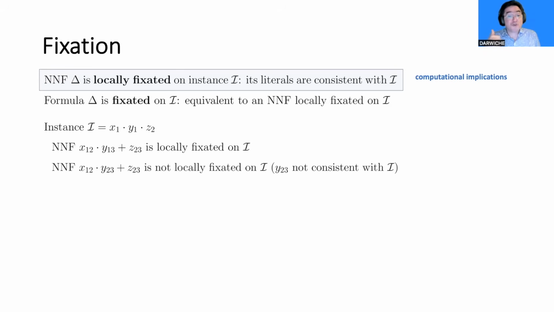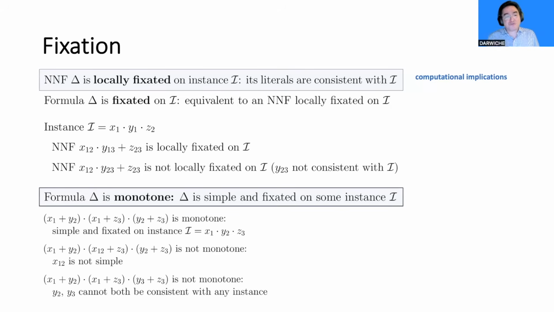I gave you a definition of monotonicity earlier, which was meant to convince you how it resembles the classical one known for Boolean formulas. Now I'm going to give you an equivalent definition of monotonicity that shows how monotonicity is a special case of fixation. The two definitions are equivalent. We'll say the NNF formula is monotone if it is simple and fixated on some instance.